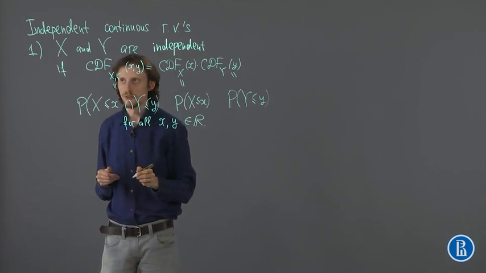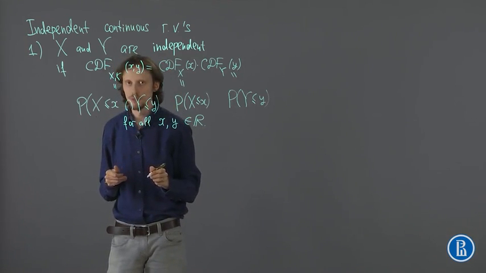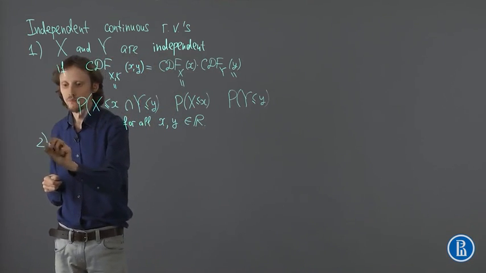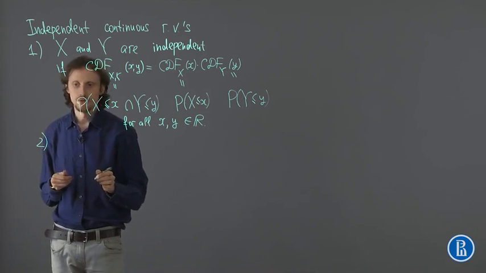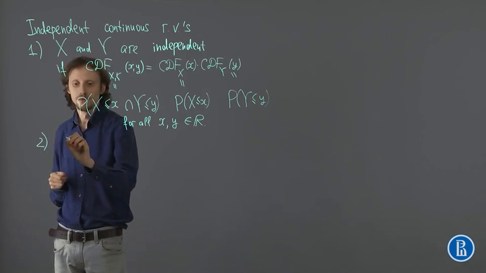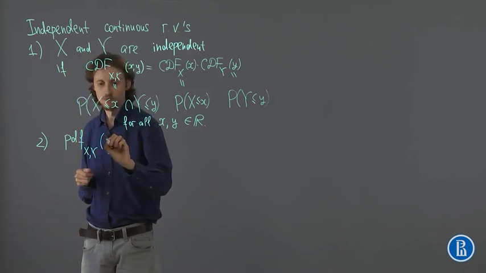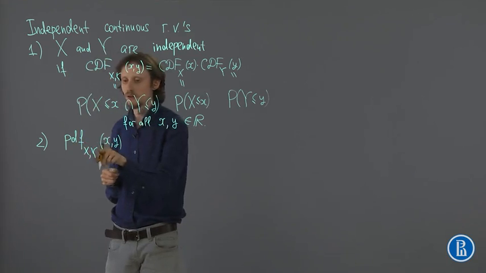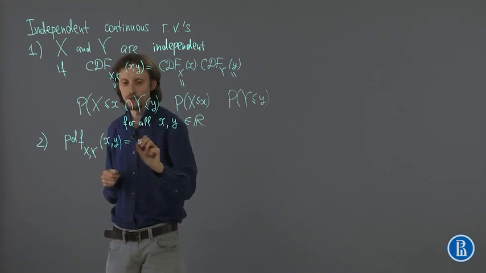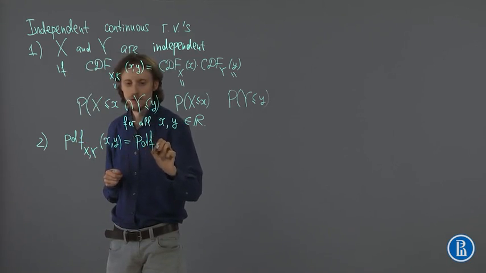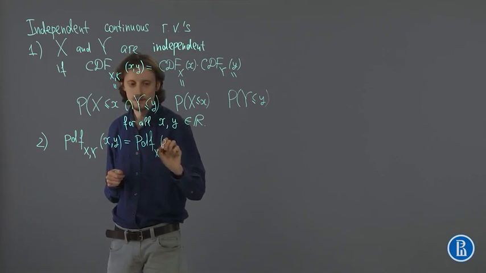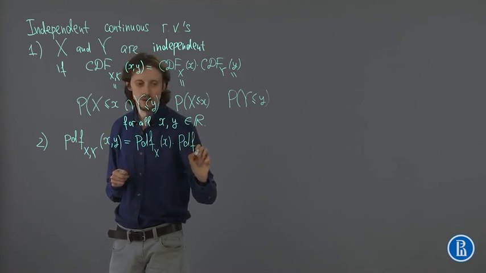Another way to define independence is to consider probability density function. Their relation is very similar. Probability density function of x and y, joint probability, have to be equal to probability density function of x times probability density function of y.